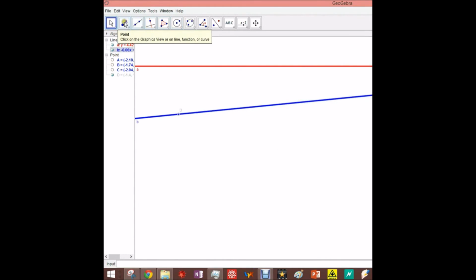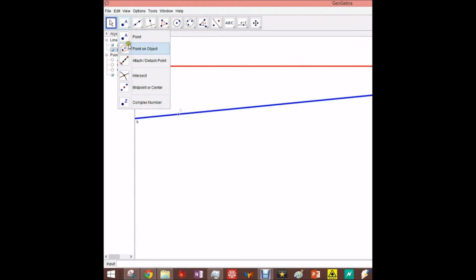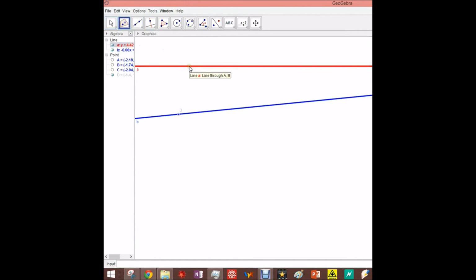Now we're going to put some points on these lines. 3 points on each line: E, F, G on the red line, and H, I, J on the blue line. So what does Pappus's theorem say?